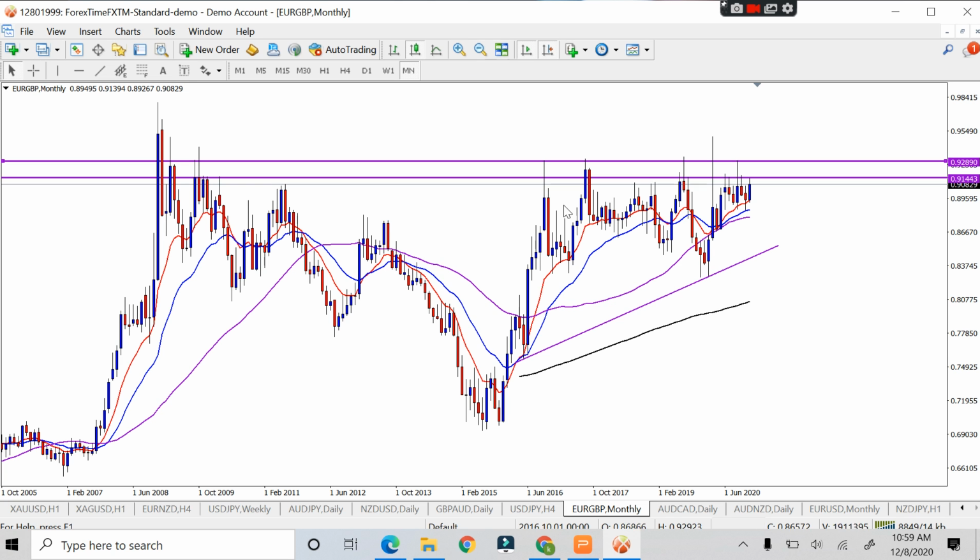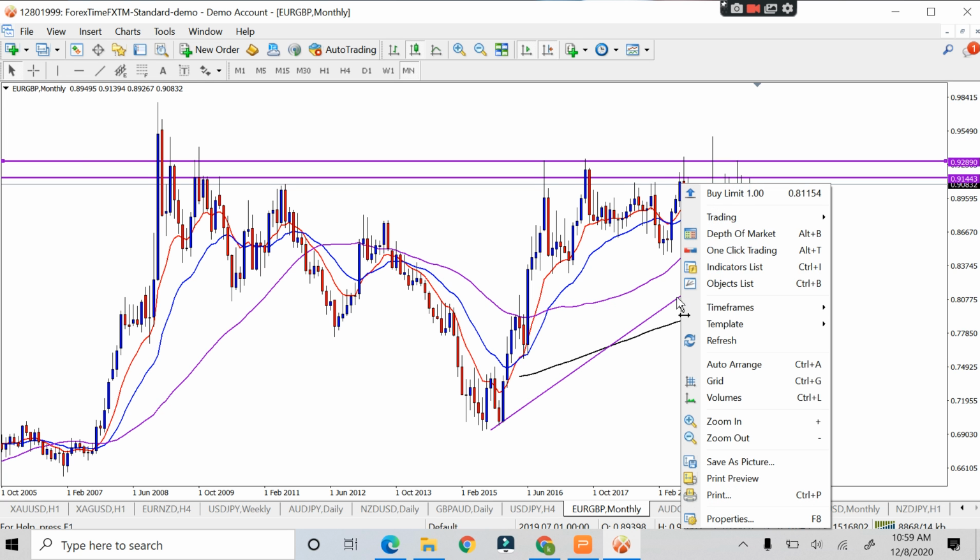Looking at the structure so far, I can see some higher lows, and looking at the moving average, this is not really tallying, so I'm going to delete that.